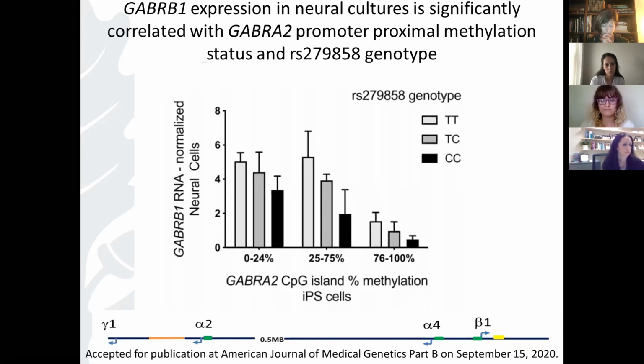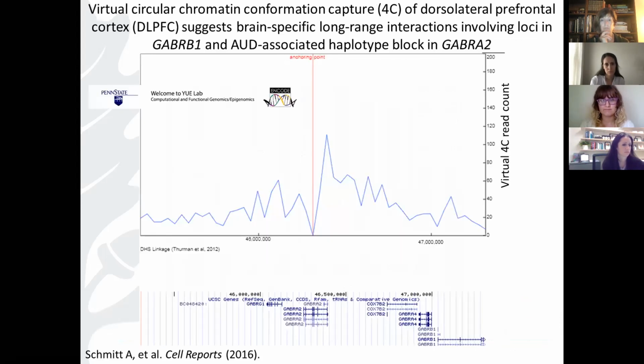This idea is supported by virtual circular chromatin conformation (4C) data, which was collected by Schmidt et al. and put into this repository at the Wang Lab that's publicly available. And when we look specifically at the brain, this only happens in the brain and not in other tissues.